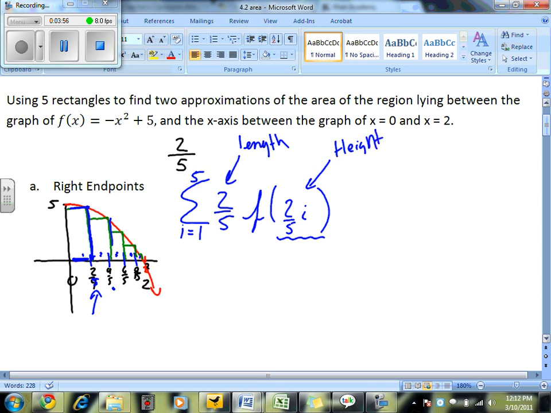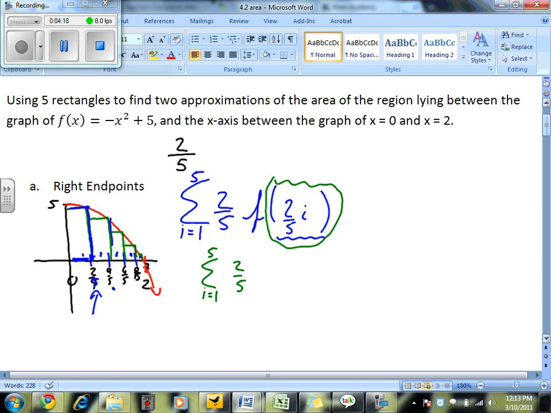Okay, so let's simplify this a little farther. Let's go back and plug this part into f of x. Our f of x is negative x squared plus 5. So we can have the summation as i starts at 1 with 5 rectangles, 2/5 times, and we're going to plug 2/5 i in for x, negative 2/5 i squared plus 5, and then it's all times 2/5.